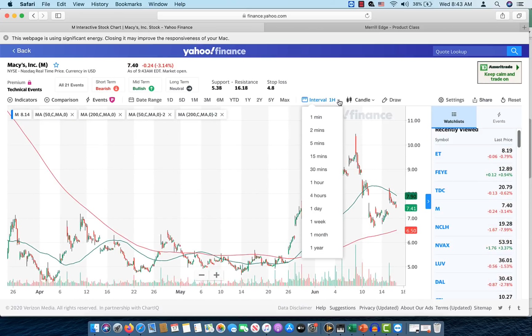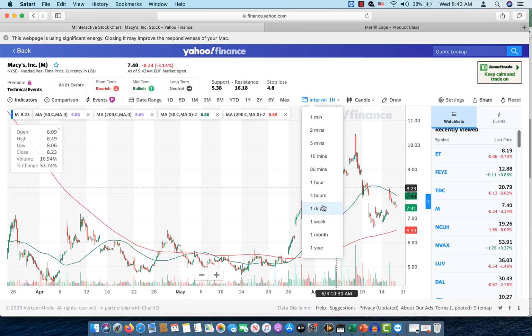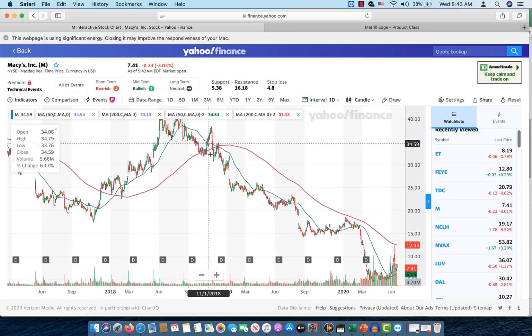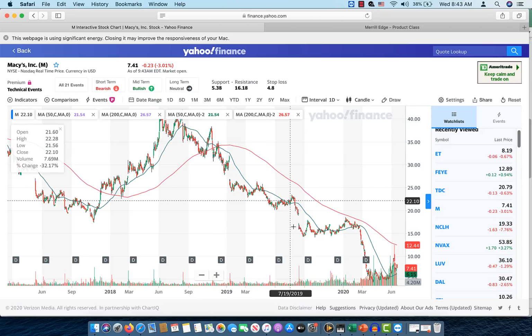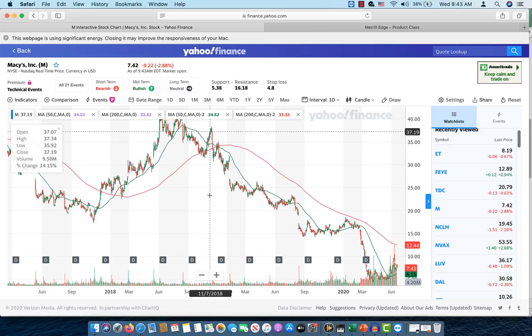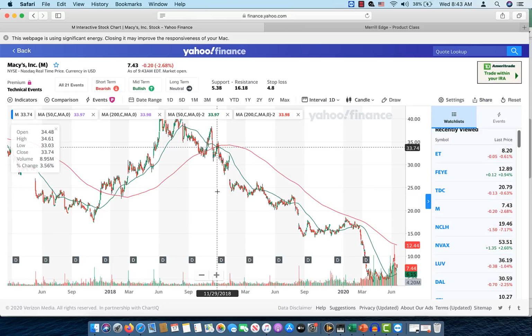It's very critical. If you go with the 1 day, it doesn't show us anything. See, we dropped here. We only had one cross, back on November 30th, and that's when everything started going down. But how do you know when to get back into the stock? The 1 day chart for Macy's is not going to help you here.